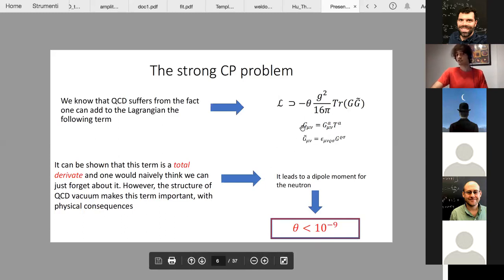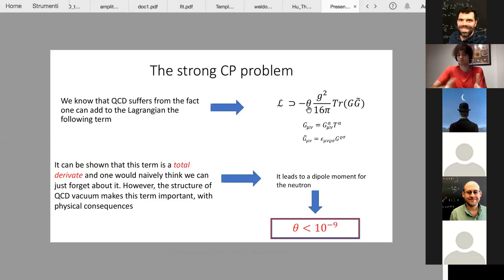Notice that this parameter theta is a dimensionless parameter, so we have a parameter that is very, very small. This is why it is called the strong CP problem. It's strong because it's associated with the strong interaction, so with SU(3), QCD. It is CP because it's CP violating. You can calculate, using the properties of the Levi-Civita tensor, that it's violating CP.